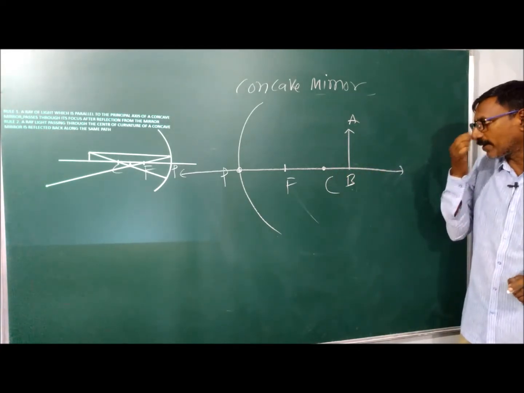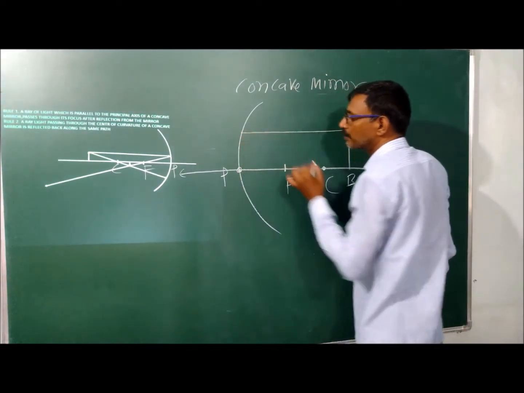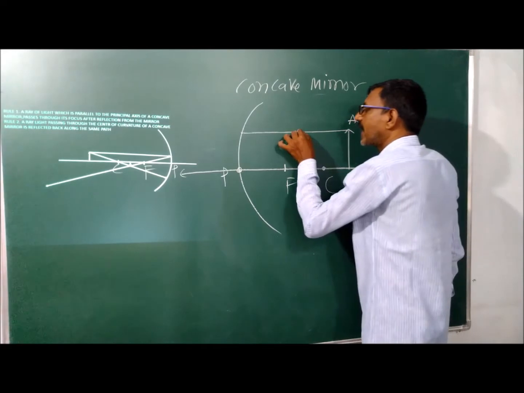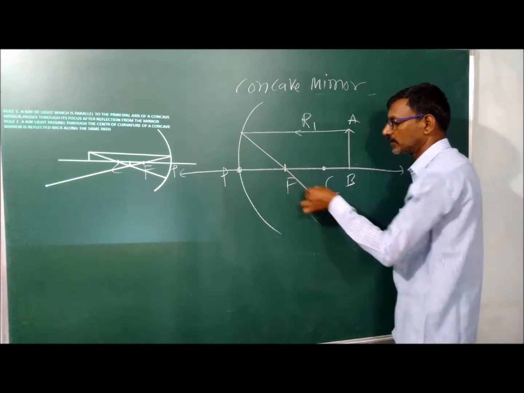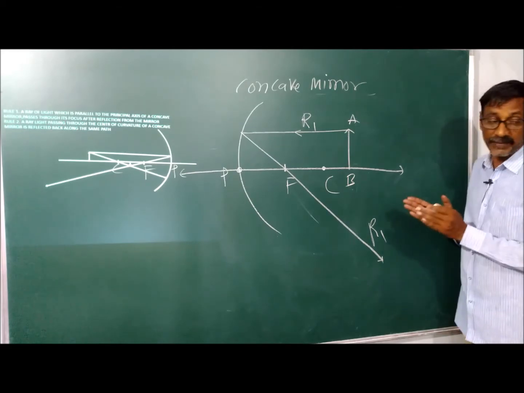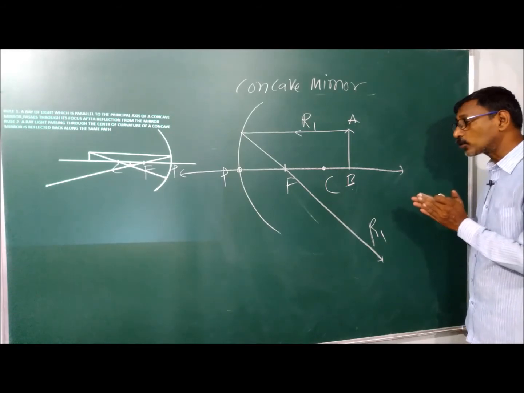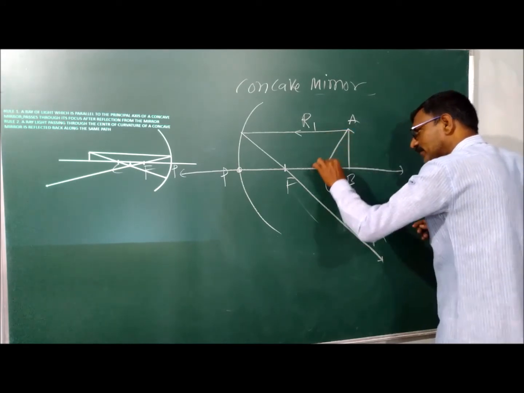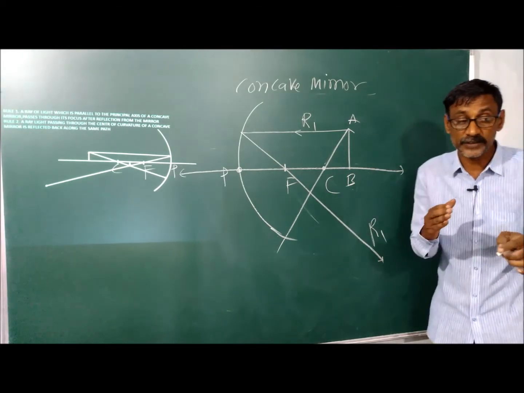I would like to use rule number 1. A ray of light parallel to the principal axis, say R1, bounces back and passes through the focus. Keep it. Suppose a light ray travels through the center of curvature.